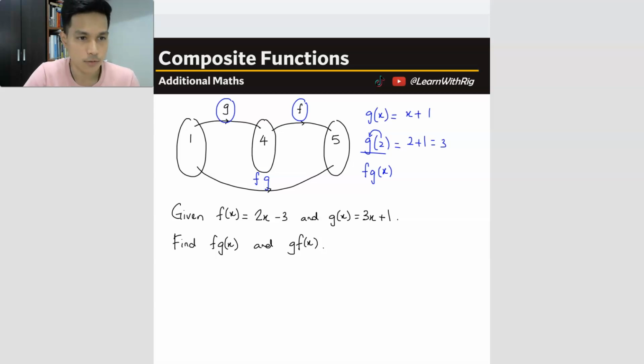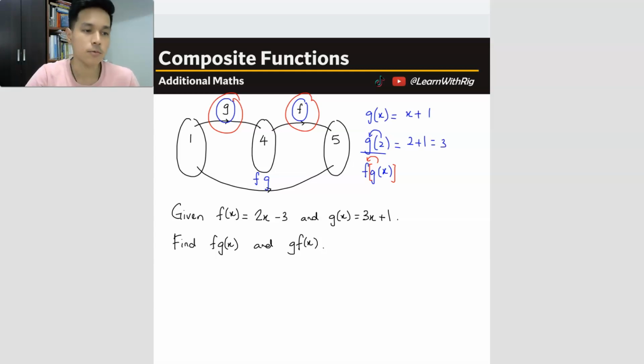So instead, you are substituting the whole g(x) function into the f function. Just remember this: you're always reading from right to left. Although you are going through the g function first and then through f, you don't write gf, you write fg, because you're reading from right to left.